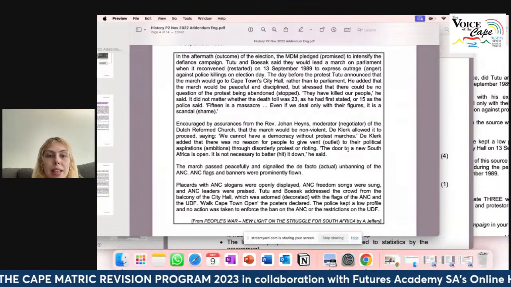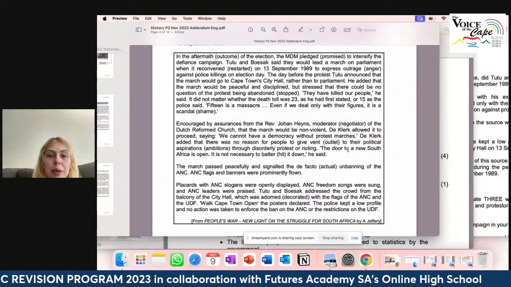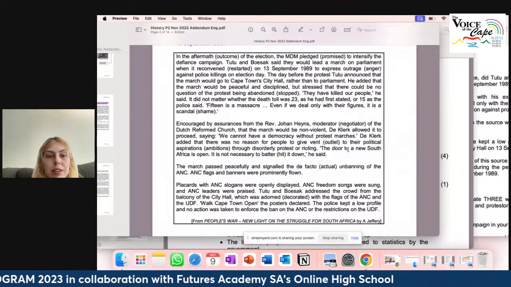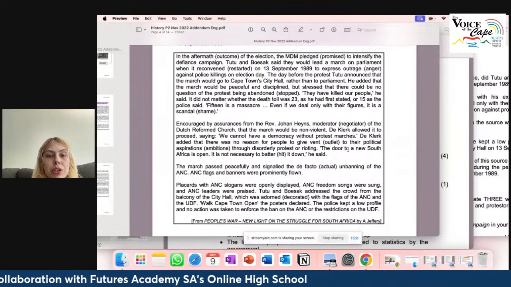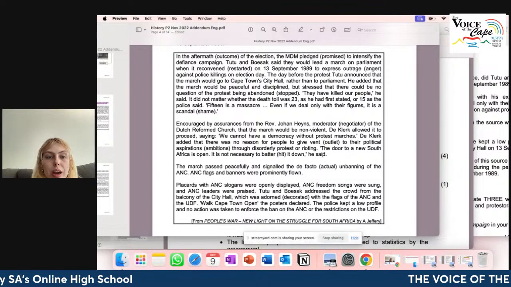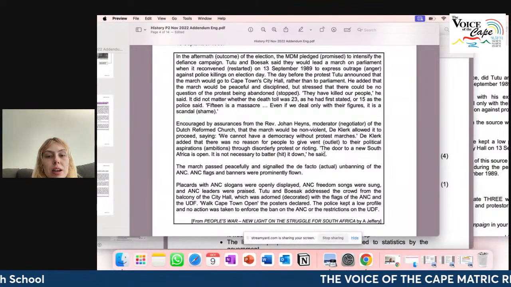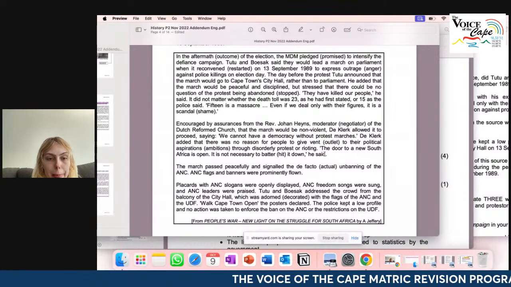De Klerk added that there was no reason for people to give vent to their political aspirations through disorderly protest or rioting. The door to a new South Africa is open. It is not necessary to batter it down, he said.